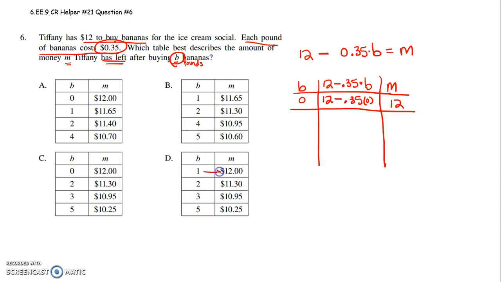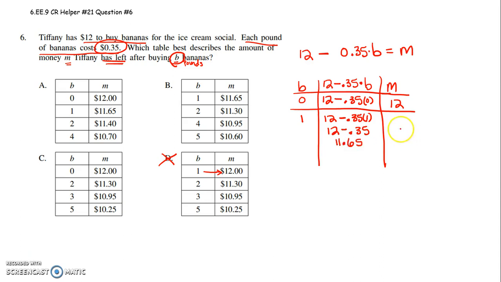Across from 1 pound, you can't still have $12 after you buy a pound. D's out. Now let's try for 1 pound. If I buy 1 pound of bananas, I start with $12. I need to subtract off 35 cents times that 1 pound of bananas. So I have to take 12 minus 0.35, which gives me 11.65.